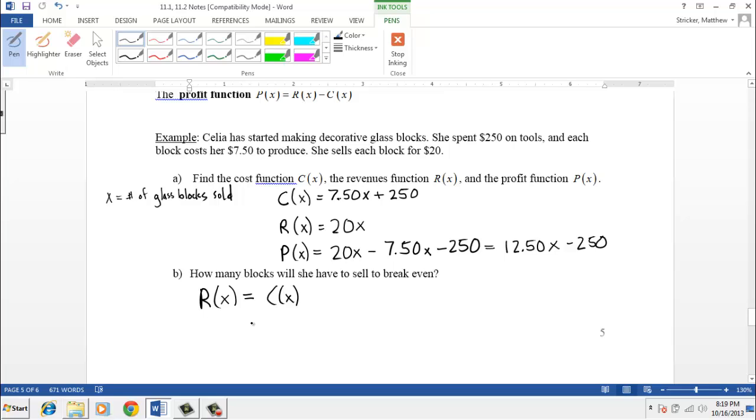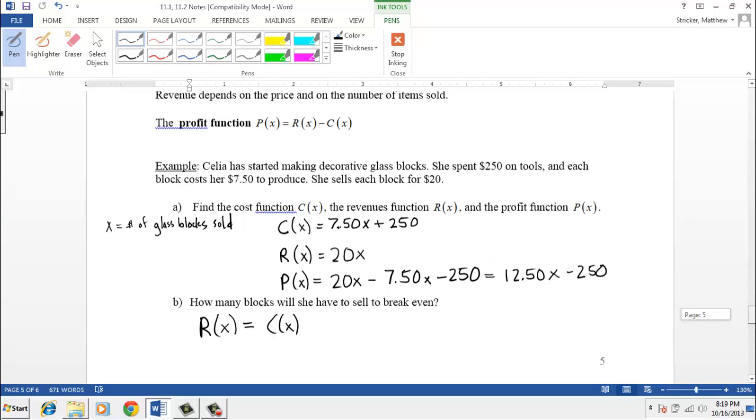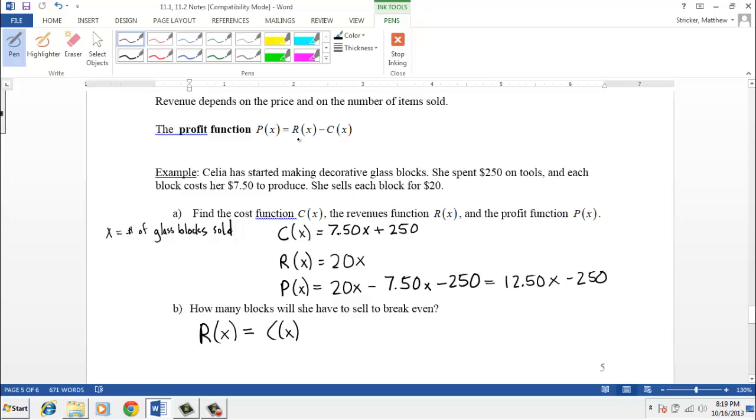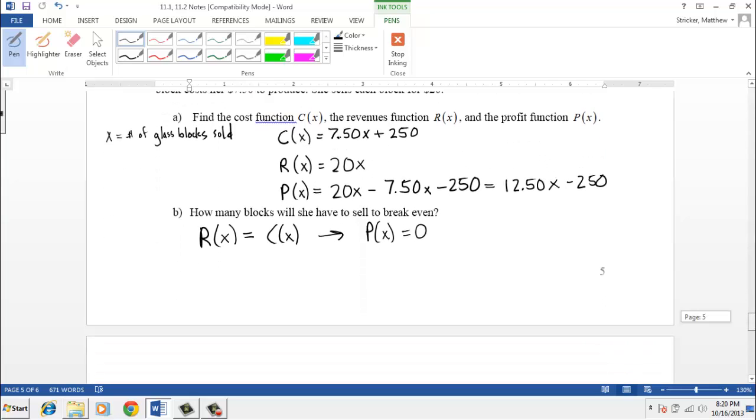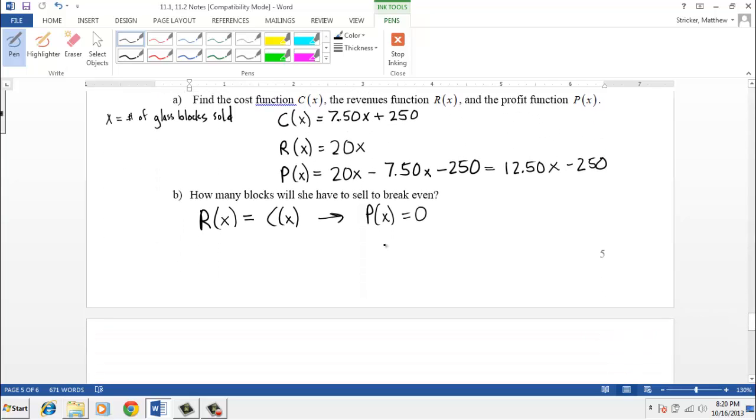And if we look at our profit function, if revenue and costs are equal, when we subtract them, what are we going to get? If that's the case, then profit will be 0. If we spend as much as we make, profit is 0. So that's probably the easiest way to answer this question, is to let the profit be 0.